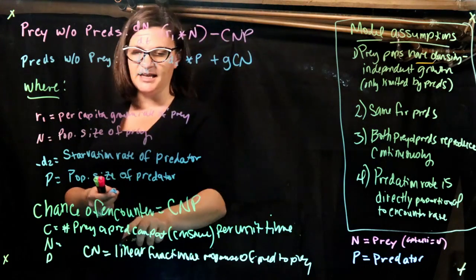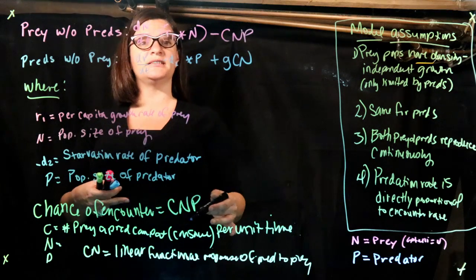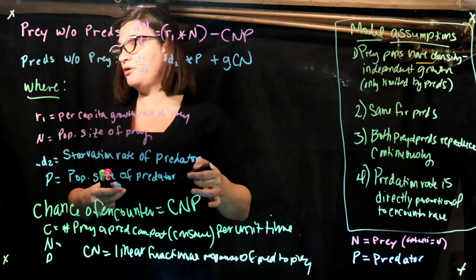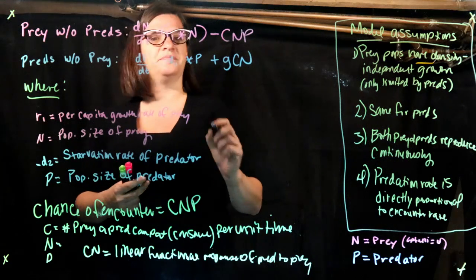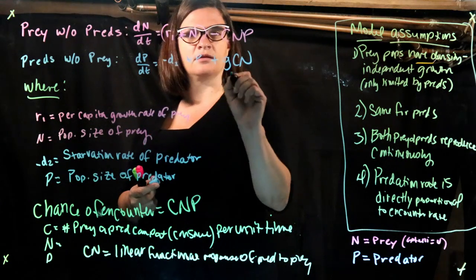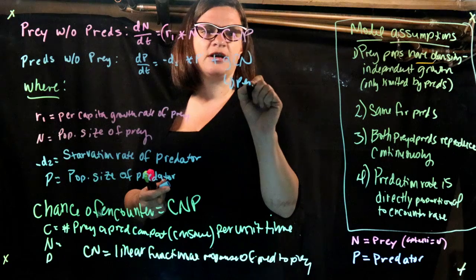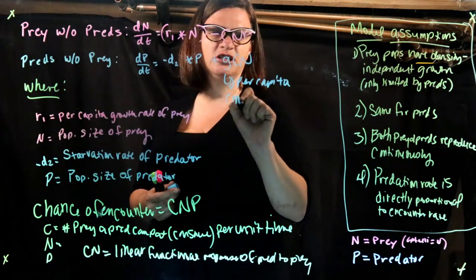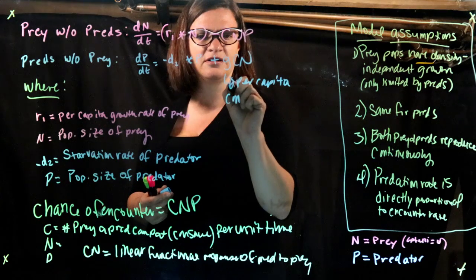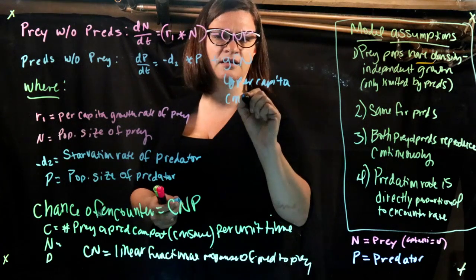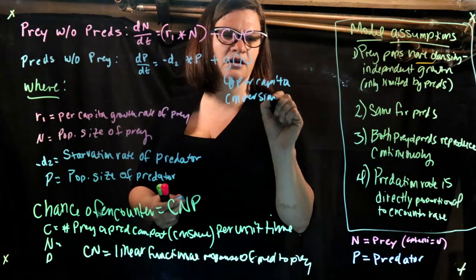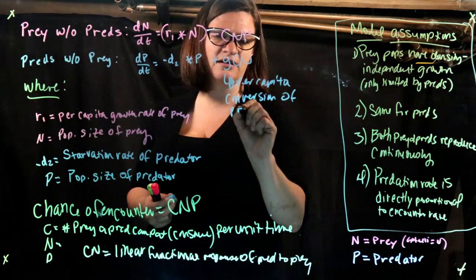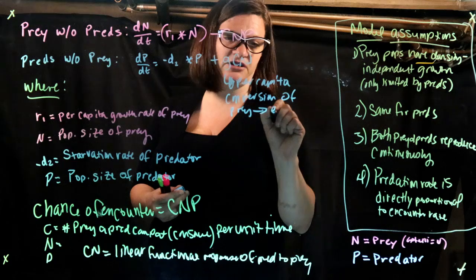Now remember, CN is that linear functional response of the predator to the prey, and G is the per capita conversion of prey to energy.